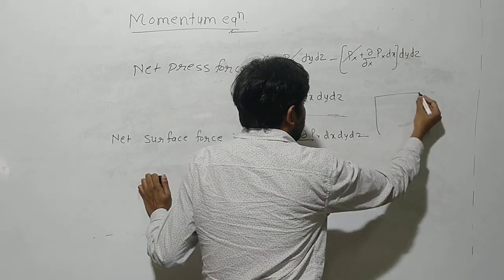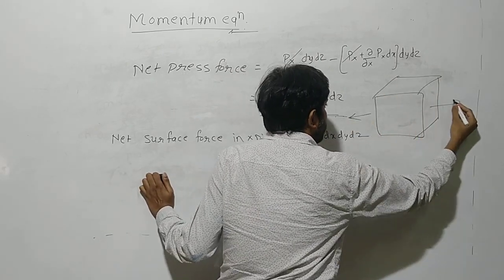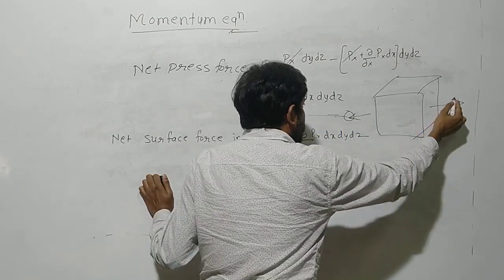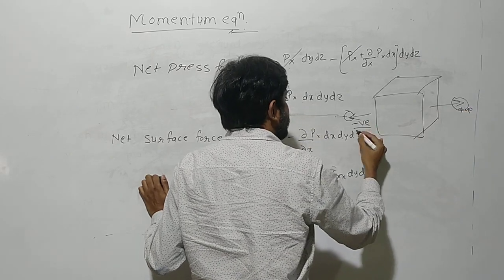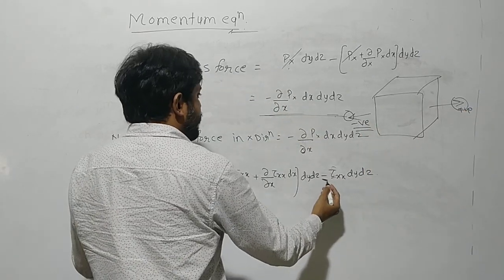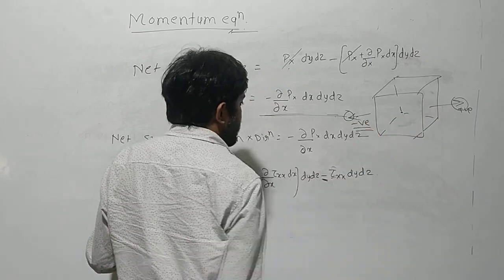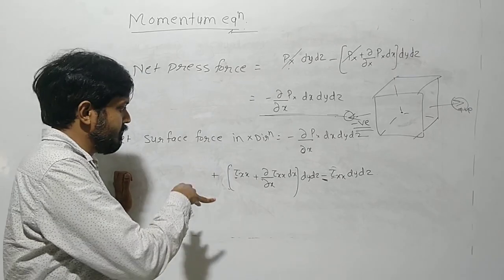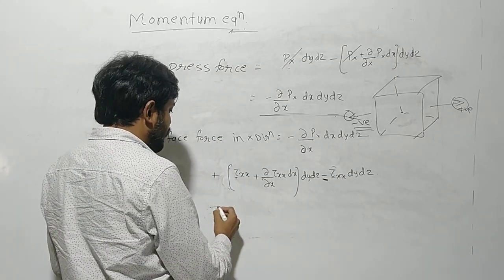So see the direction. This is our positive direction, this is our negative direction, this is positive, and this is negative direction, because this is near to the origin. Tau xx, and this is the change in x direction. In the previous diagram we have seen this. So finally this is for tau xx.